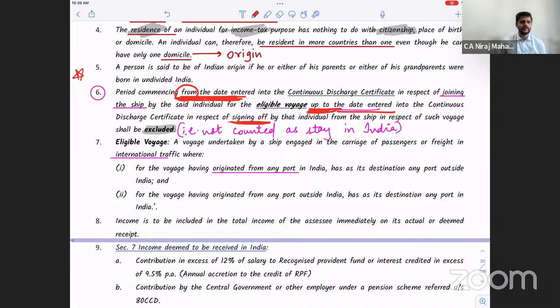Check point number 5. What are they saying? A person is said to be of Indian origin. Please understand there are 2 things: Indian citizen or Indian origin. A person is said to be of Indian origin if he, including she, or either of his parents or either of the grandparents were born in undivided India.